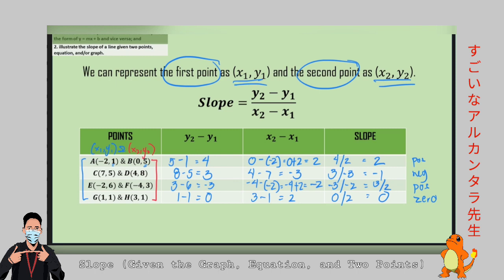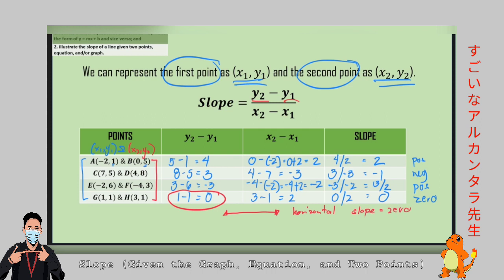It doesn't go up because its numerator, which is the y sub 2 minus y sub 1, is 0. That implies that this line right here will look like this. It's a horizontal line, and the slope is equal to 0.